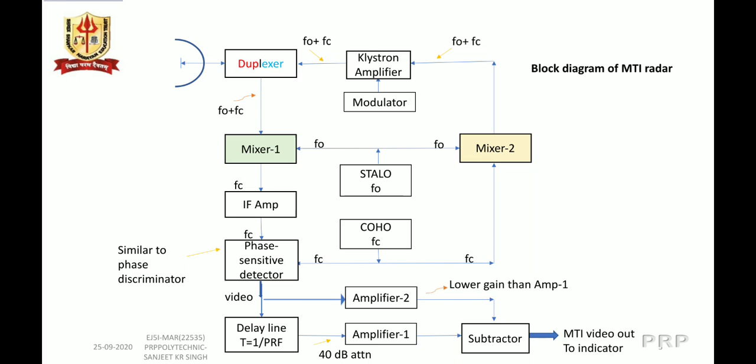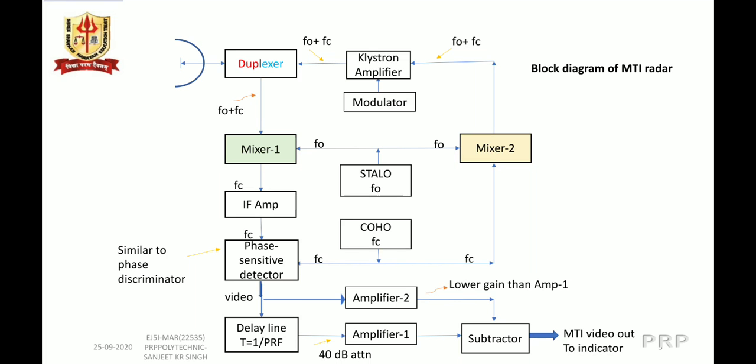The phase sensitive detector is similar to a phase discriminator, detecting the phase difference between the received echo pulse and the reference radio frequency generated by the coherent local oscillator. The output from the phase sensitive detector is given to the subtractor after amplification by amplifier 2, which has comparatively lower gain than amplifier 1.